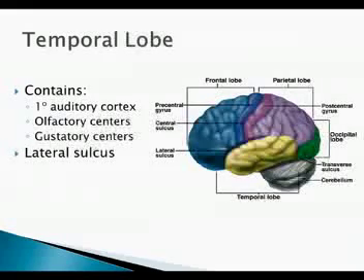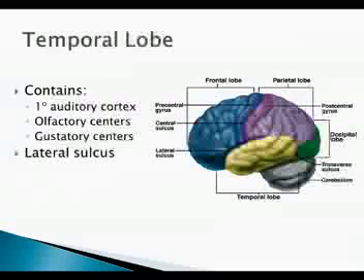The last major structure is the lateral sulcus, and that's associated with the temporal lobe, mainly separating the temporal lobe from the frontal lobe, the parietal lobe, and also the occipital lobe. So again, the transverse sulcus separates the occipital lobe from the cerebellum. The lateral sulcus separates the temporal lobe from all the other lobes, and the central sulcus separates the frontal lobe from the parietal lobe.